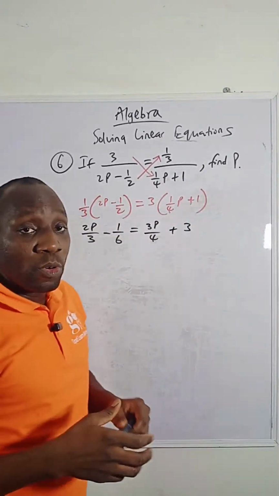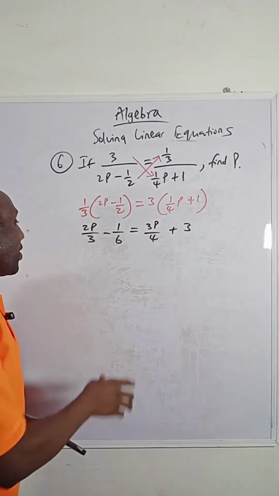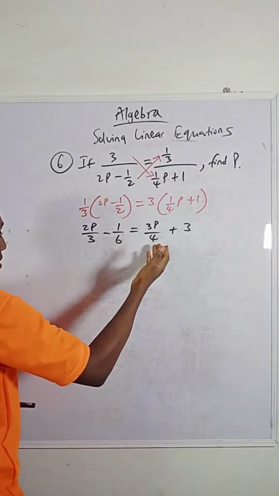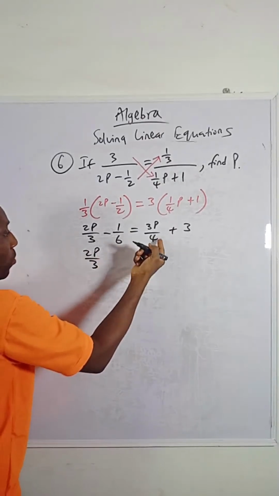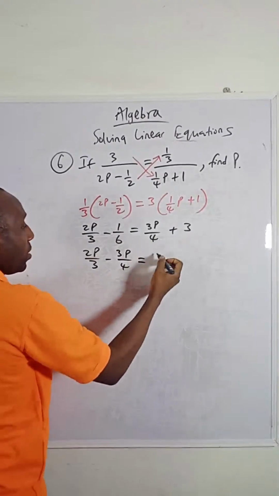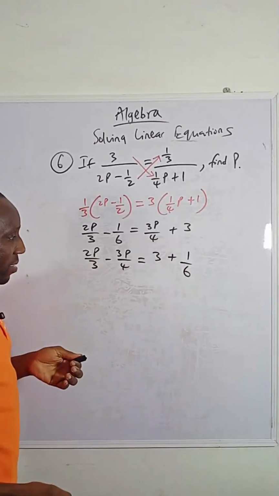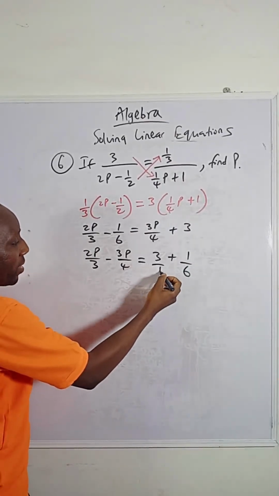So what's the next thing? I'm going to collect like terms. Move minus 1 over 6 to the right hand side, or you can say add 1 over 6 to both sides. So 2p over 3, move this over, you have minus 3p over 4 is equal to 3 plus 1 over 6. It's looking very easy now. Write over 1 here.